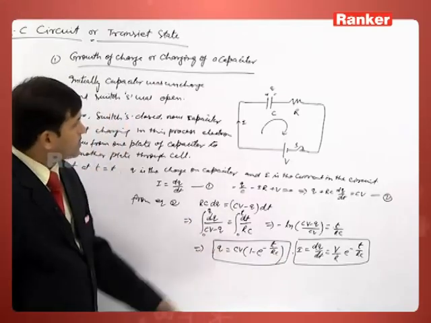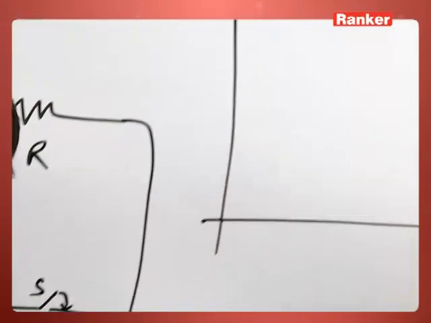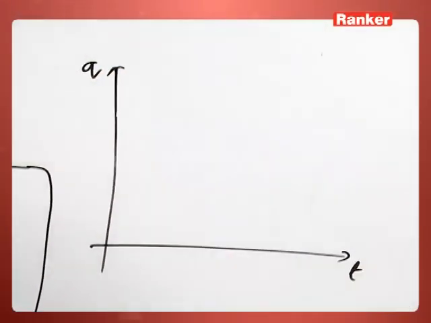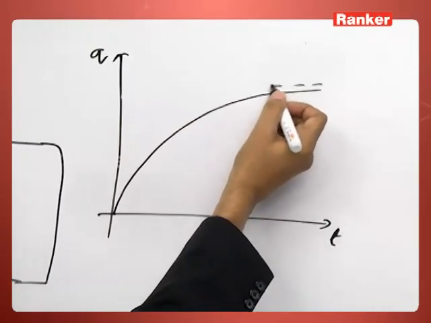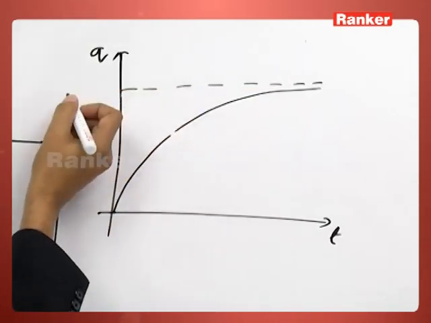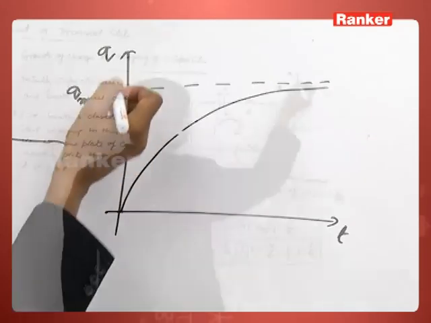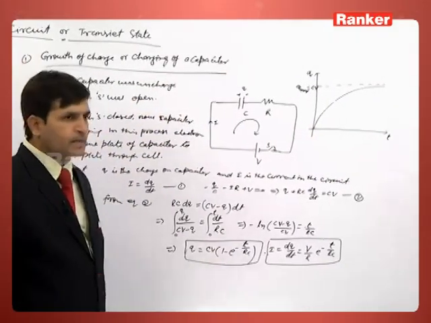From here we can make a diagram of how the charge is changing. The charge on the capacitor changes like this, and after a certain time, the charge on the capacitor becomes maximum. That maximum charge we can say is C into V.